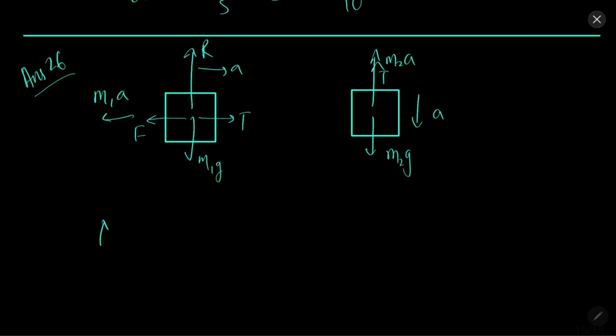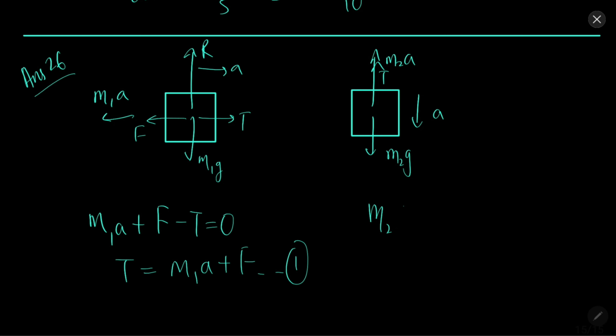By this free body diagram, m1a plus F minus T equals 0, so tension will be m1a plus F, and from here m2a plus T minus m2g equals 0.